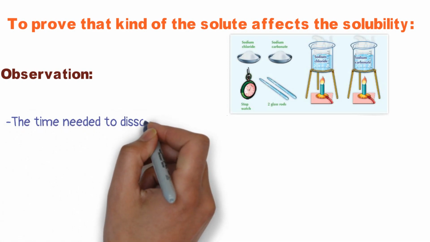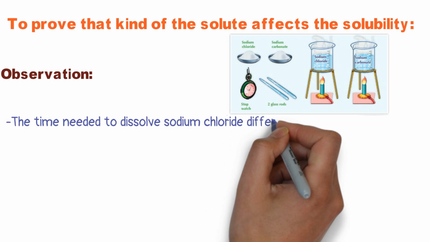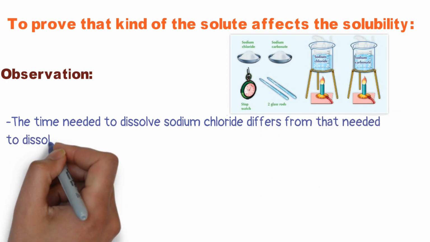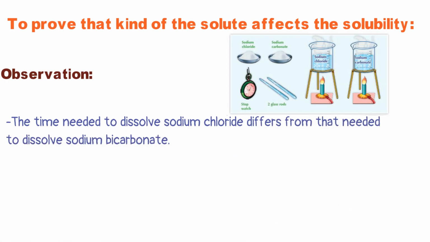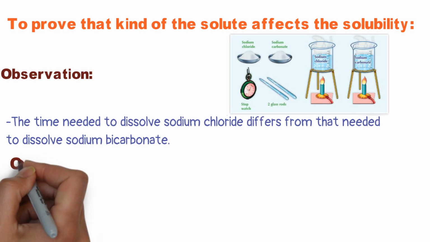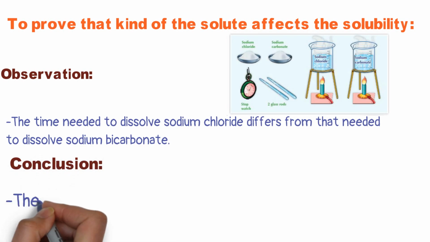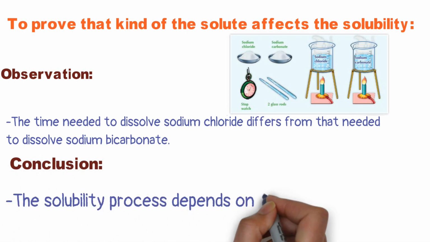Why? We see that the time needed for sodium chloride differs from the time needed for sodium carbonate to completely dissolve in the water. From this, we conclude that the solubility process depends on the kind of solute.